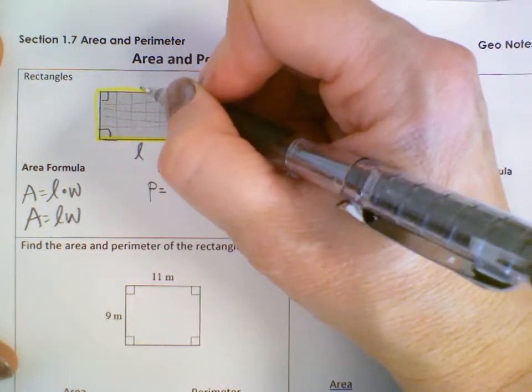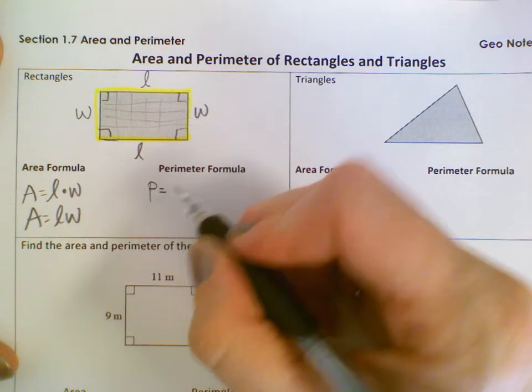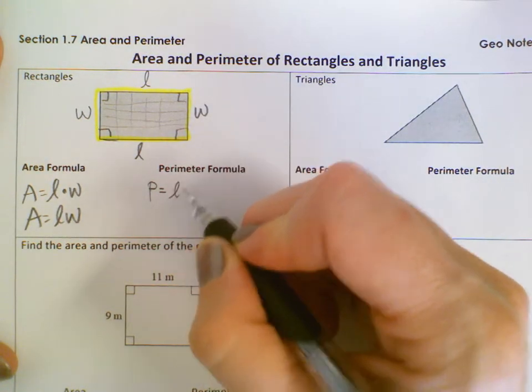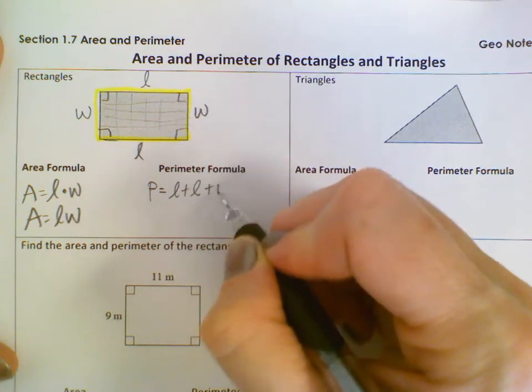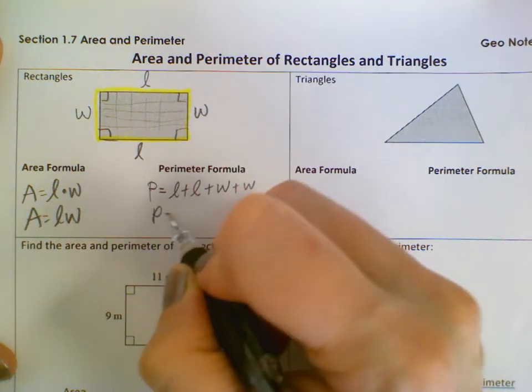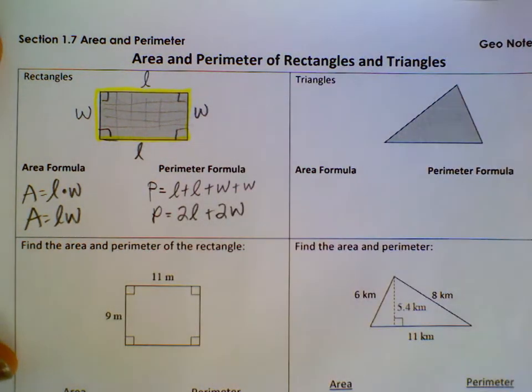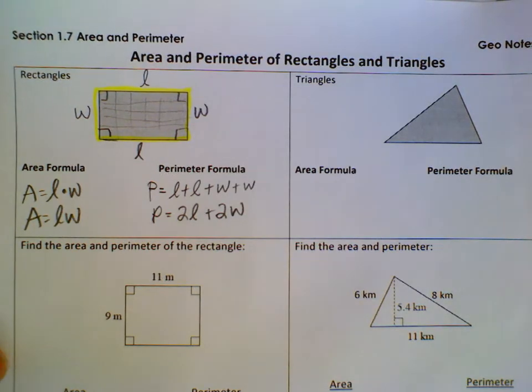And so you just have to remember that you have 2 lengths and 2 widths. So I mean, you could just add up all the sides, right? And then the official formula that you see usually is 2L plus 2W, meaning 2 lengths plus 2 widths.